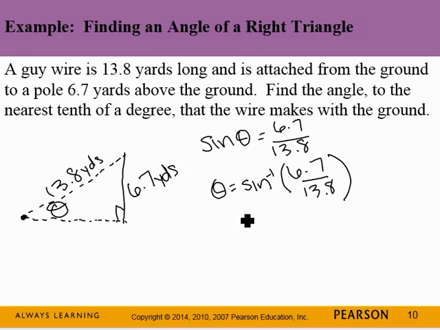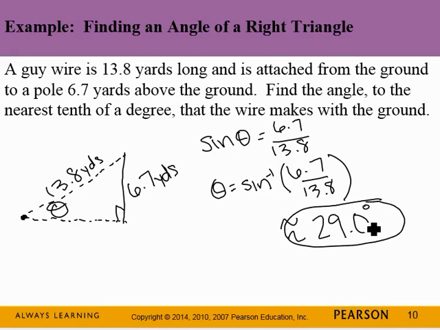On your calculator you want to plug in sine inverse, which I believe is second and then sine, of 6.7 over 13.8, and this should give you about 29.0, so about 29 degrees. It does say to the nearest tenth of a degree, that's why I added in my 0.0. So when you're finding theta, or you're finding your angle, you will want to use your inverse.